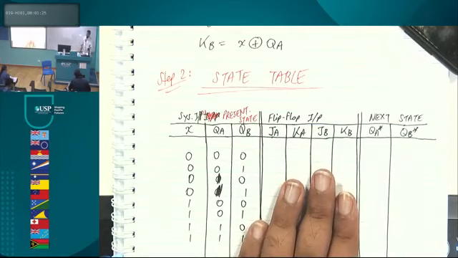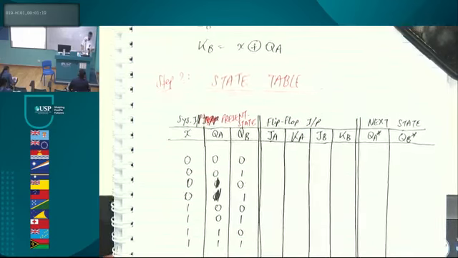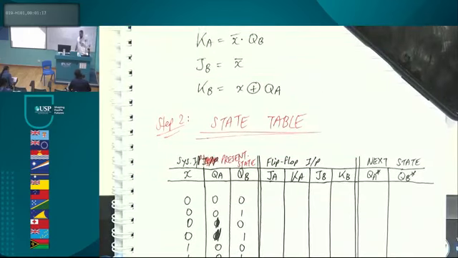Okay. Now let's find these flip-flop inputs using the equations. All right. So what we'll do is I'll take JA. This half of the class can take KA. These guys here can take JB, and you guys take KB, all right? So populate this. JA, KA, JB, KB.